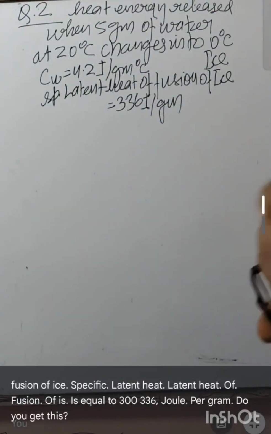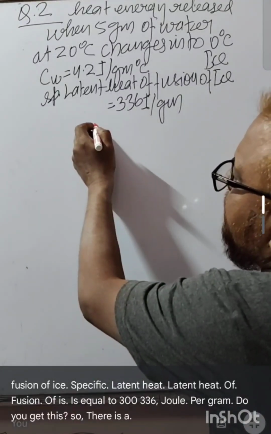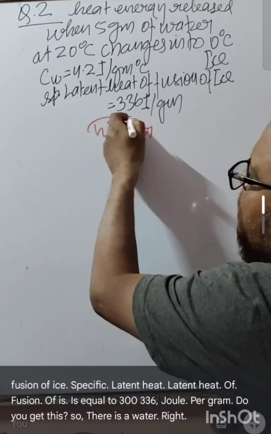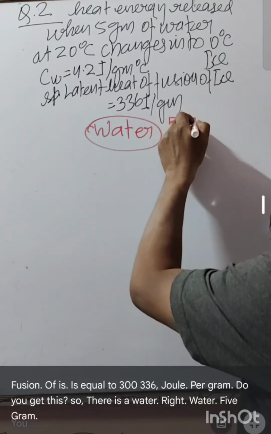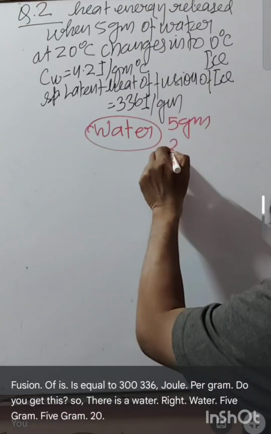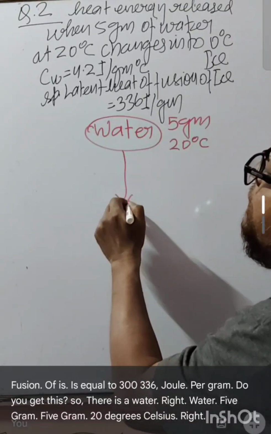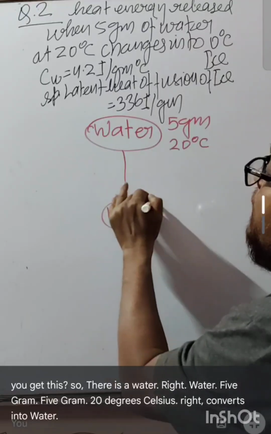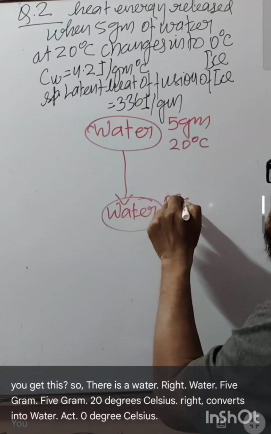Yes, sir. So there is water, right? Water 5 gram, 20 degrees Celsius, right? Converts into water at 0 degrees Celsius.